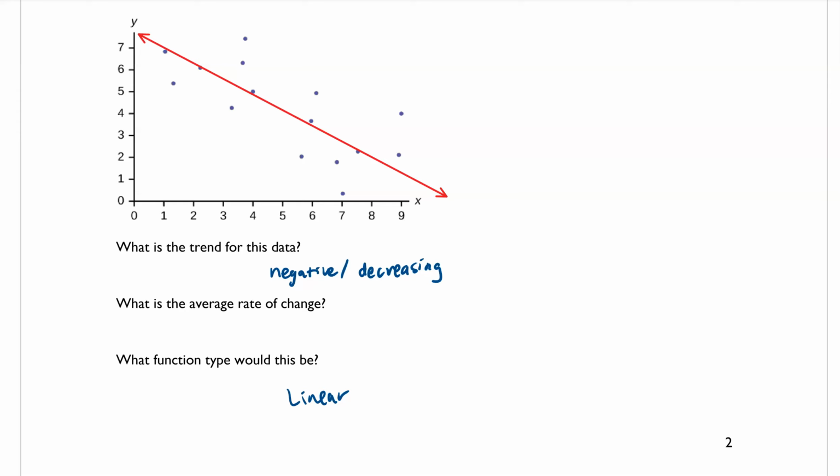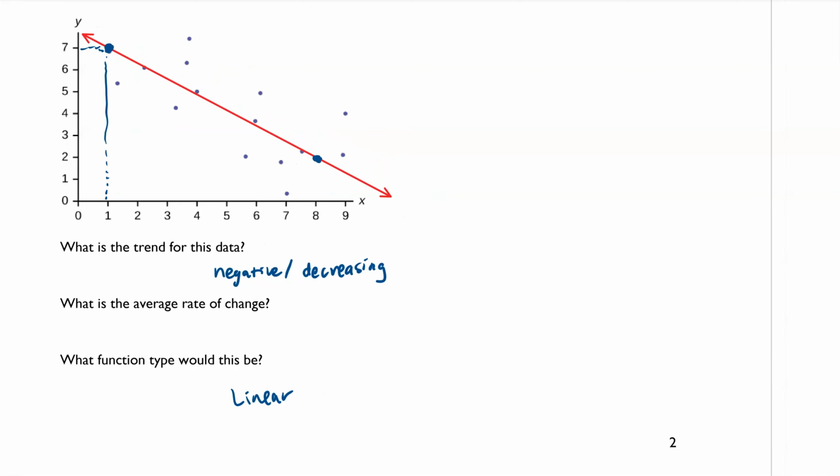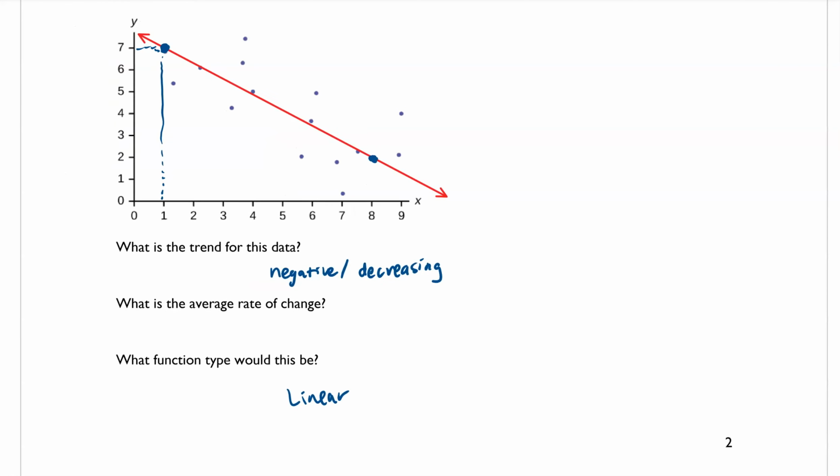One of the points I will highlight right here, and then another point maybe right there. So the first point, I'm going to approximate to the best of my abilities. That's looking like 1, 7. And then this one here, that one is looking like 8, 2.